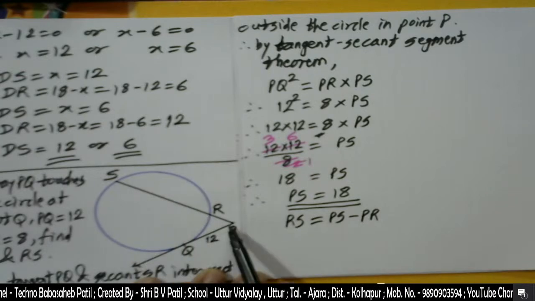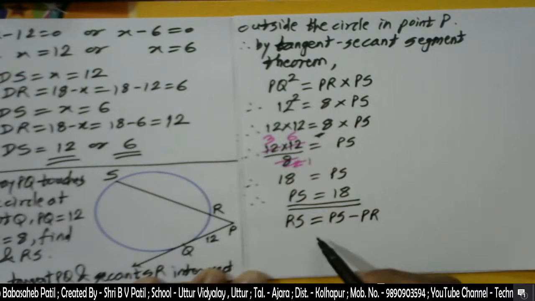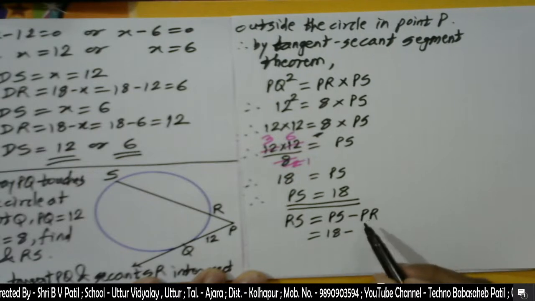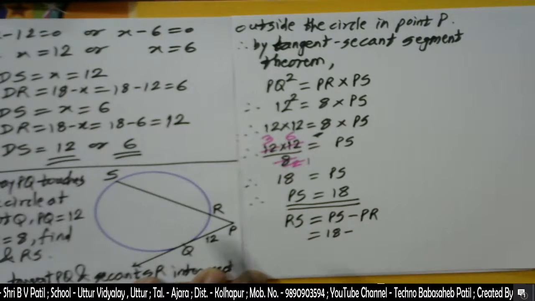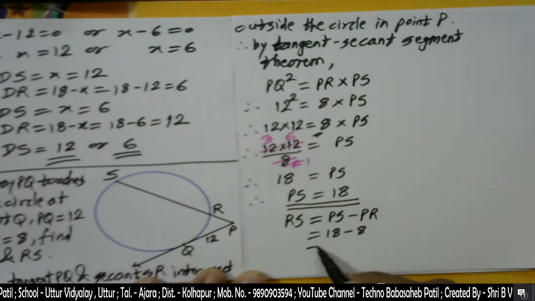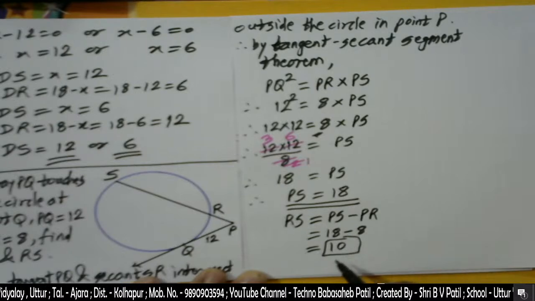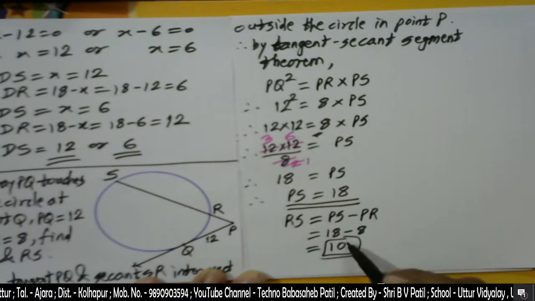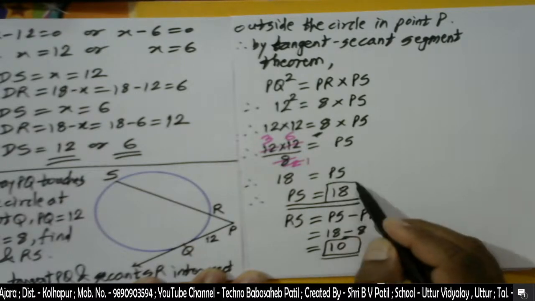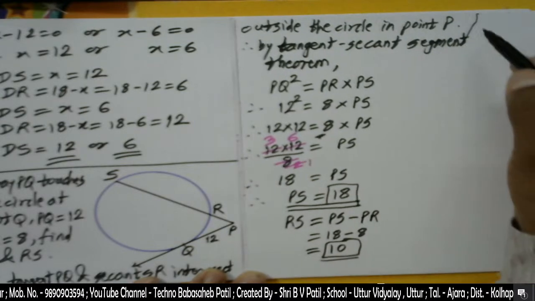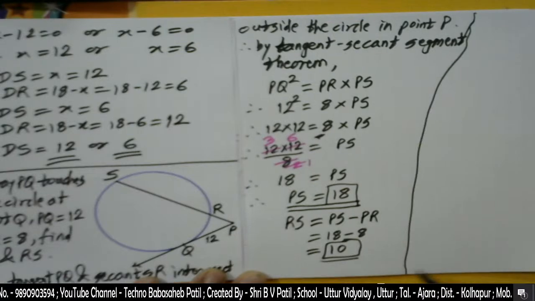RS is equal to PS minus PR. The value of PS is 18 minus the value of PR, 8, given here, and the subtraction is 10. That is the answer. In this way, we can solve that example.